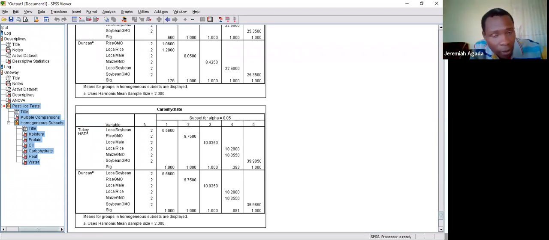So that means they are different. So how do you now separate the means? That's the idea. It's as simple as look at local soybean. That's for carbohydrates. Now we're separating for carbohydrates. The carbohydrate content in local soybean, rice, local maize, and then others.